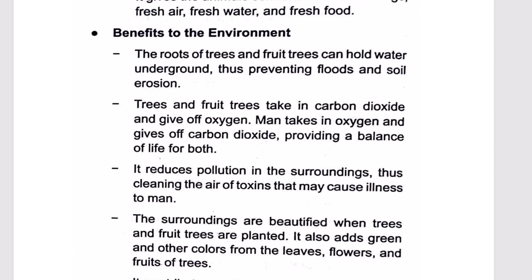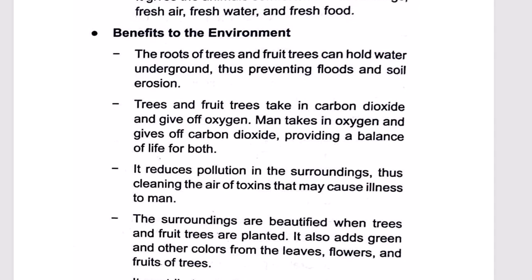Trees and fruit trees take in carbon dioxide and give off oxygen. Very important also. And what is carbon dioxide? Carbon dioxide is what we exhale. That's bad for our body. We call it the respiration process wherein we inhale oxygen and exhale carbon dioxide.